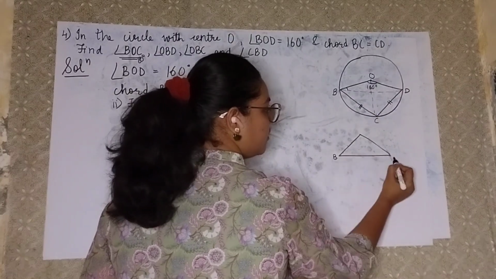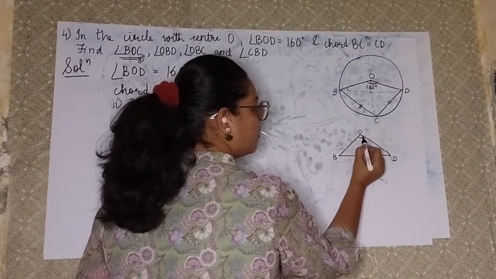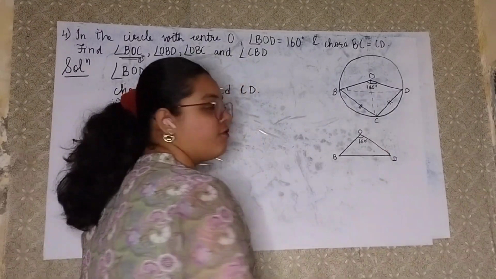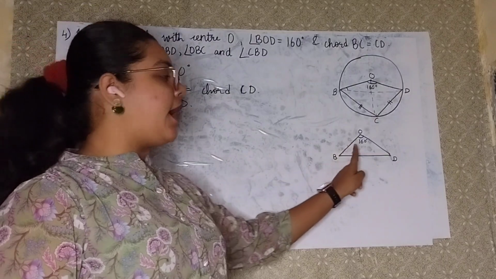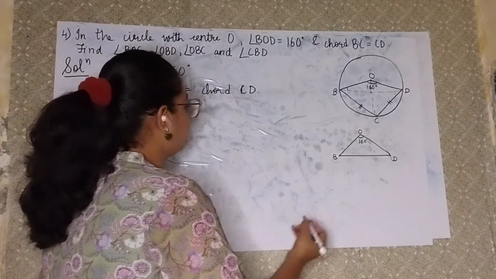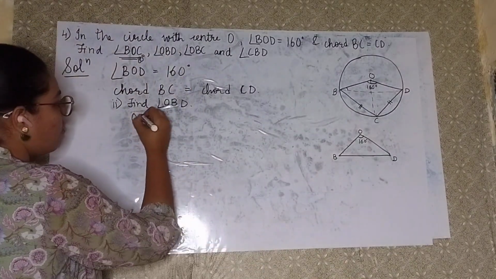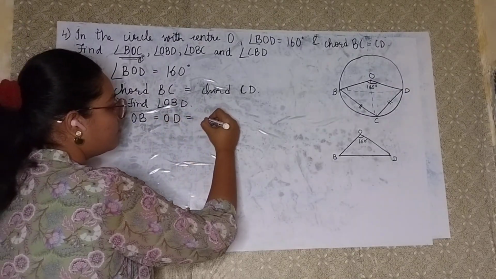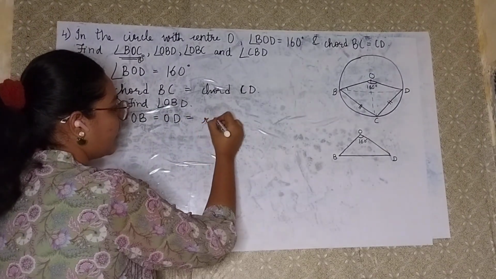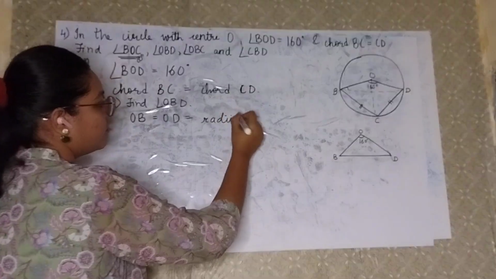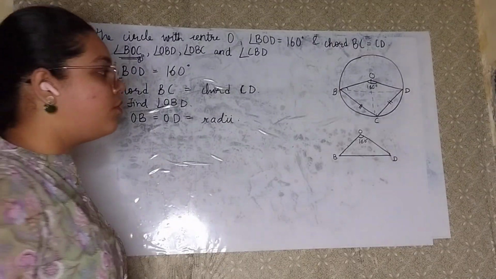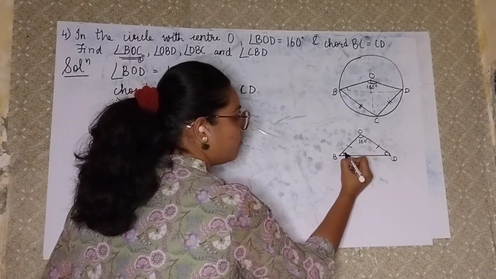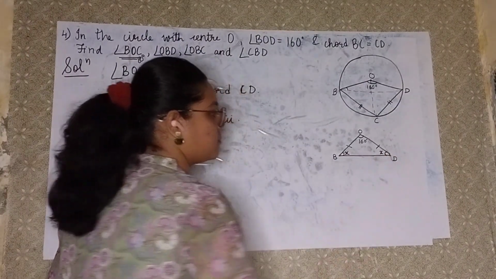This is B, D, O. This is 160 degrees. Now if I see, OB and OD is the radius. So first I'll write here OB equal to OD equal to radii. Since OB and OD are equal, base angles will be equal. I'll take them as x.